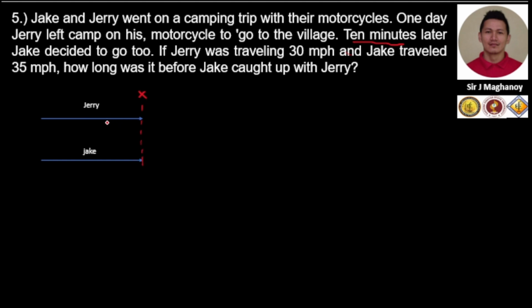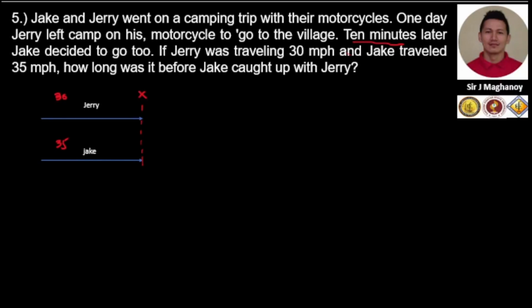But again, like in our example number 2, I think, they are going in the same direction. Therefore, we can say that our x is equal. So Jerry travels 30 miles per hour. How about Jake? It is 35. So of course, he moved faster. The problem is that it is 10 minutes later.